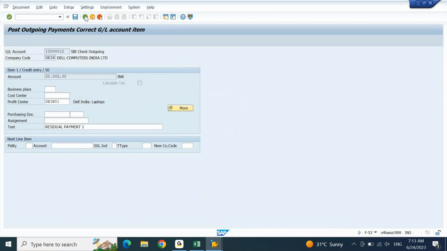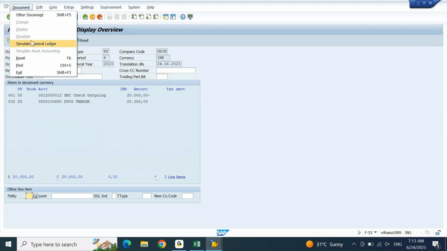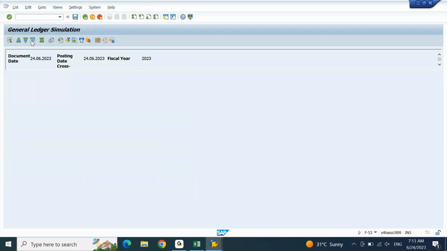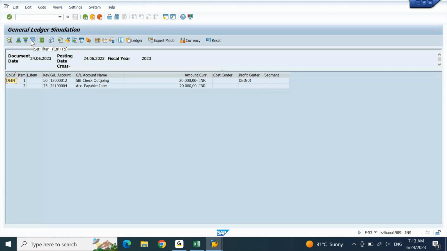Let's go back, simulate general ledger. When you do this, is the system able to take profit center to the vendor account? No. It is not taking profit center to the vendor account.